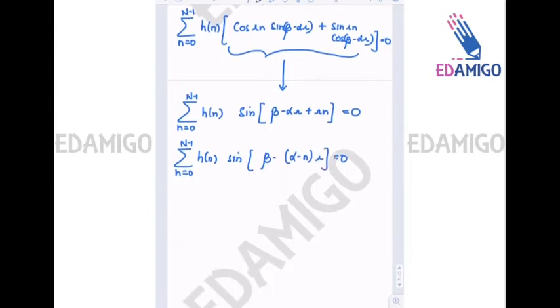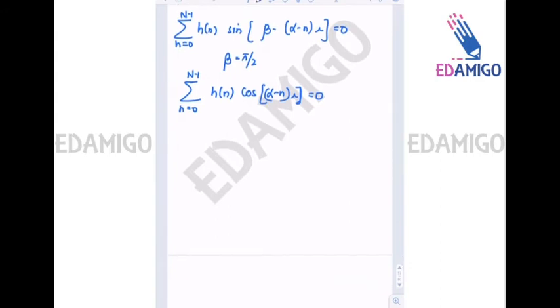Now let us take a condition that beta is equal to pi by 2. So this sine function will convert into a cos function and it will become like this, is equal to 0.